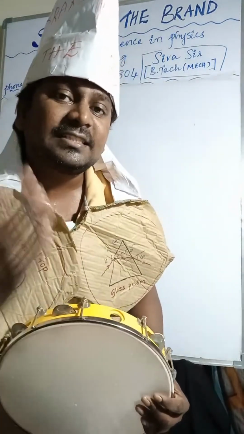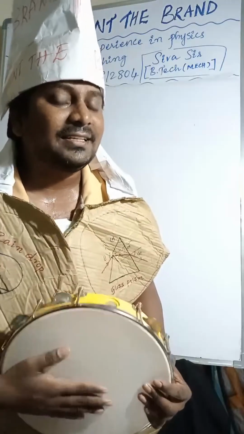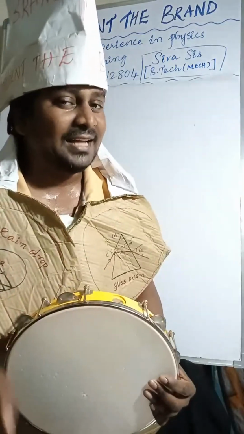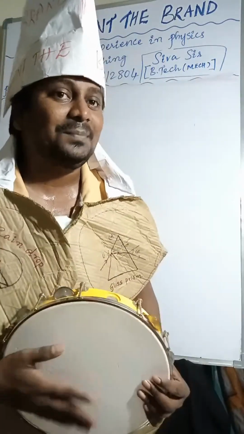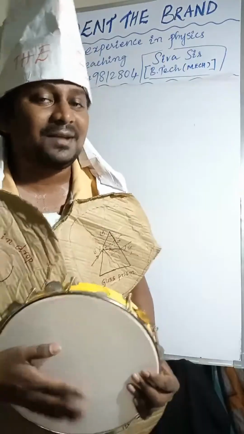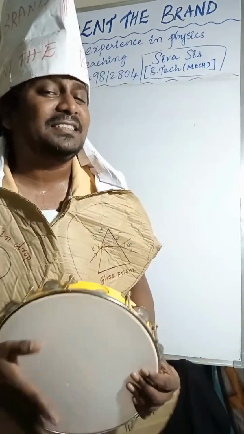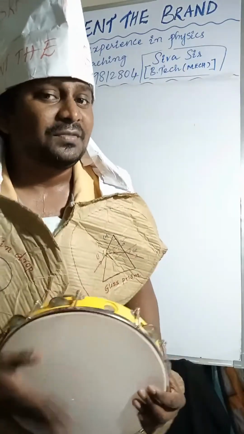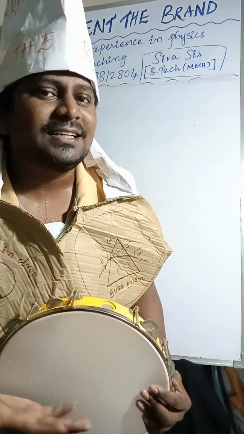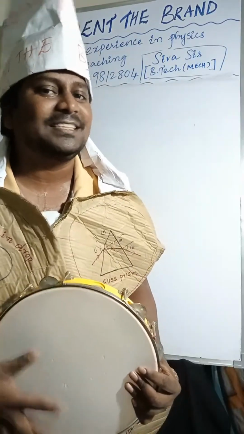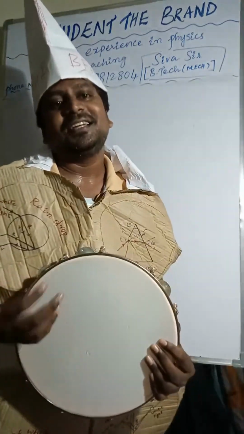Far distance we can see, near distance we can't see. For the correction, we are using convex lens.